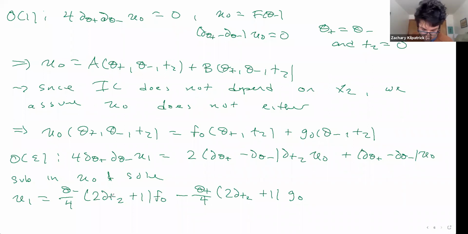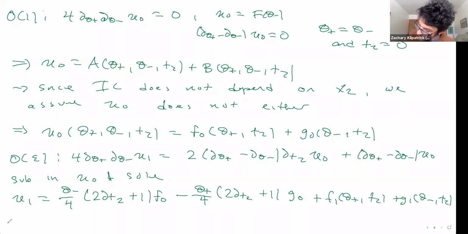In addition, we have F1 of theta plus, T2, plus G1 of theta minus, T2. We don't care so much about these terms, we just care about removing the secular terms. And you can see already now that we have a differential equation for what F0 and G0 should be.